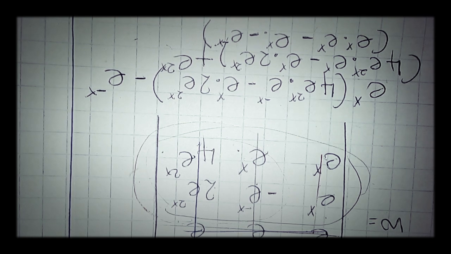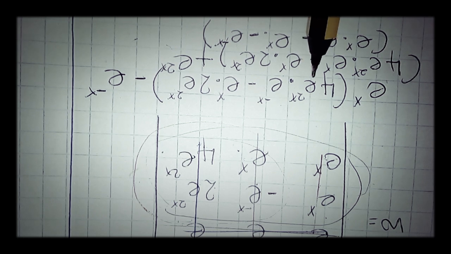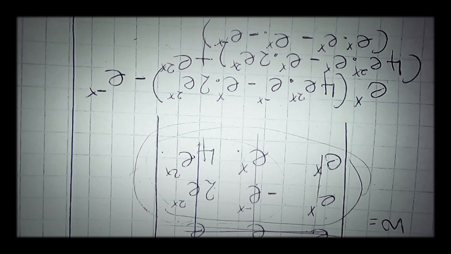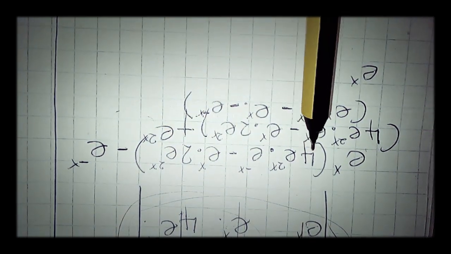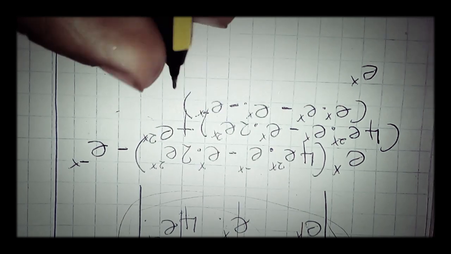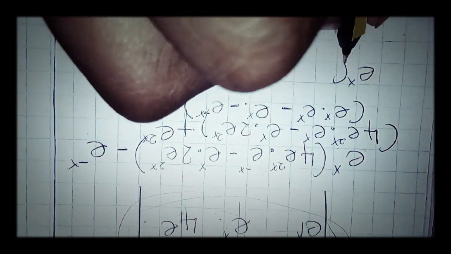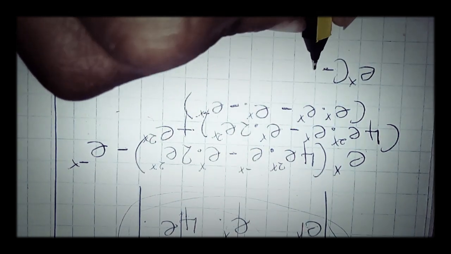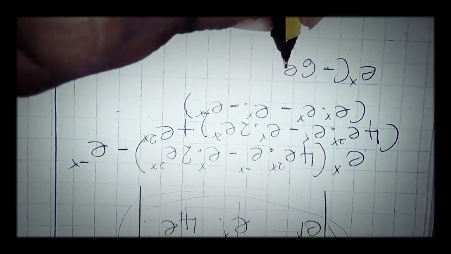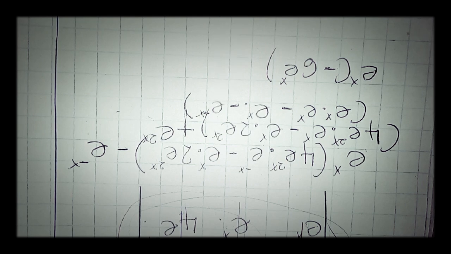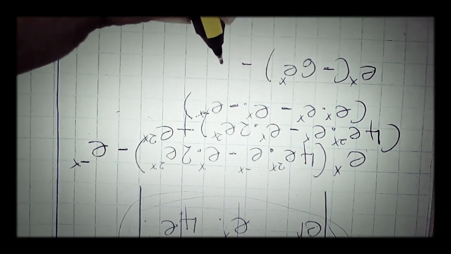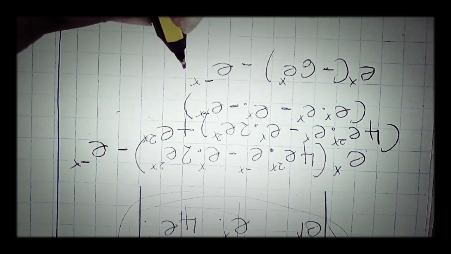So what do we get when we simplify this? Here we will get e^x multiplied by negative 6e^x, isn't it? Then minus e^(-x).